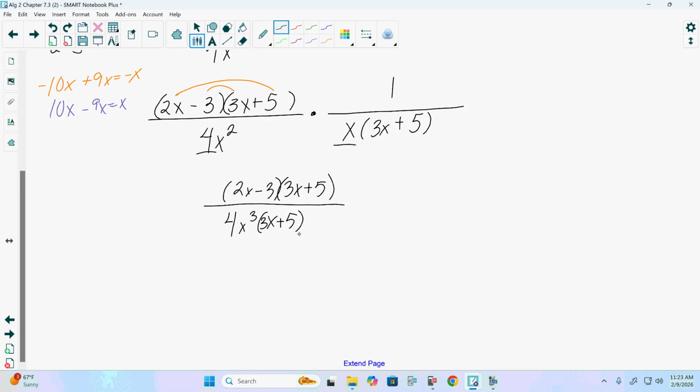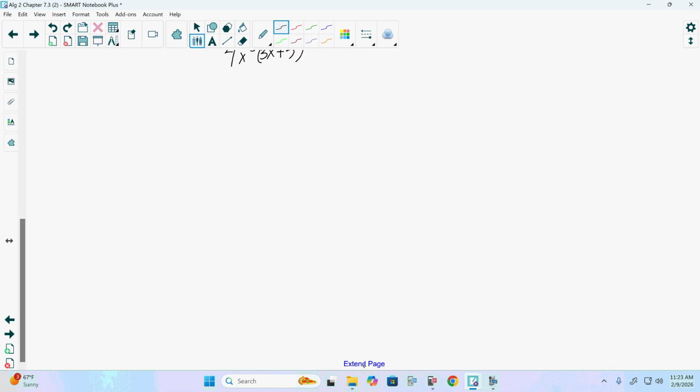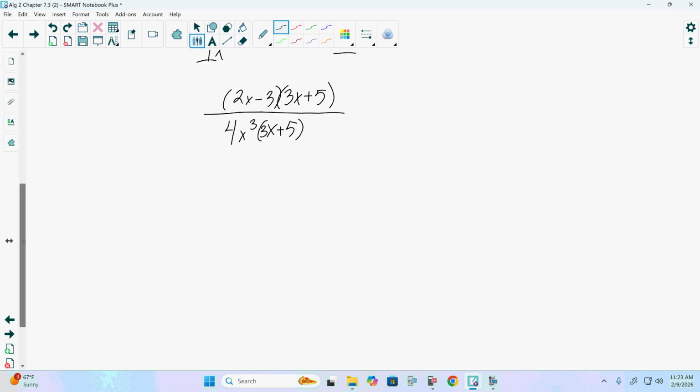And now what simplifies on top and bottom is what? 3x plus 5 and 3x plus 5. Now what that leaves us with is 2x minus 3 over 4x cubed. It feels like something should simplify here, especially having the 2x on top and the 4x cubed on bottom, yes?